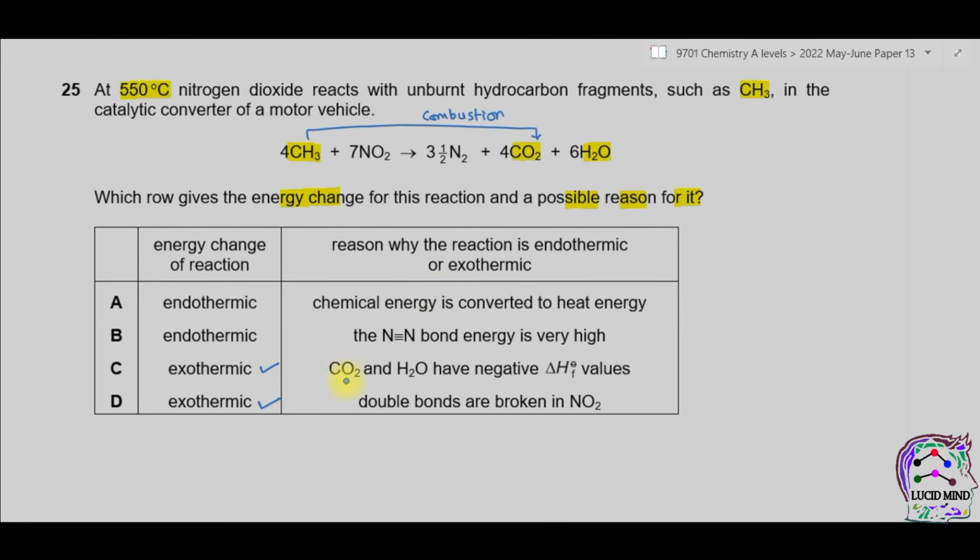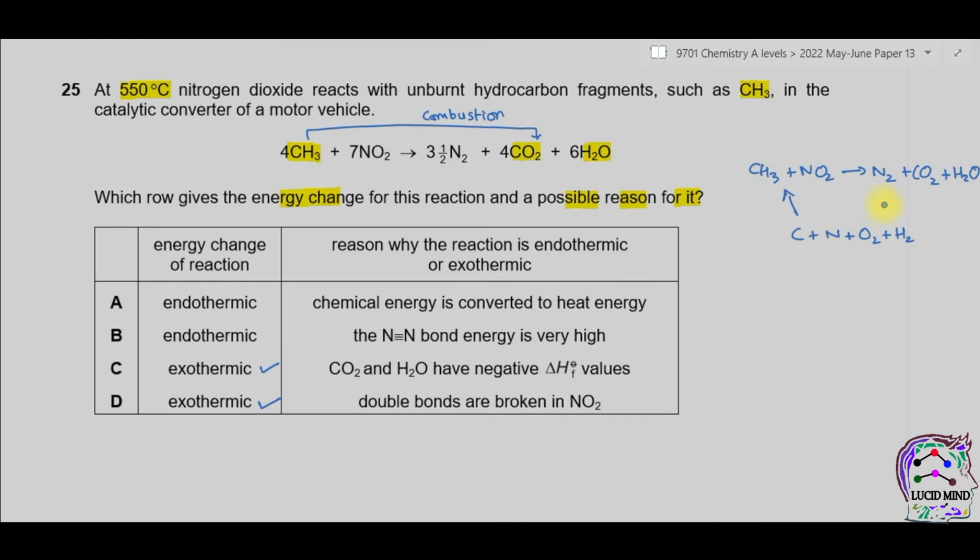We have CO2 and H2O have negative enthalpy change of formation values, and double bonds are broken in NO2. Let's see this one. Let's suppose we have CH3NO2. It forms nitrogen, CO2 and water. Now the elements involved are carbon, nitrogen, oxygen and hydrogen.